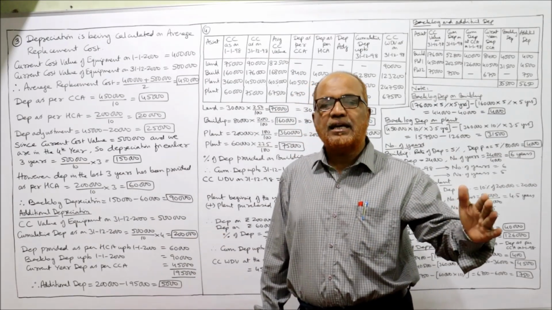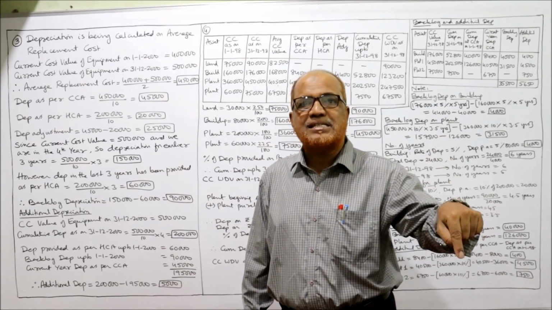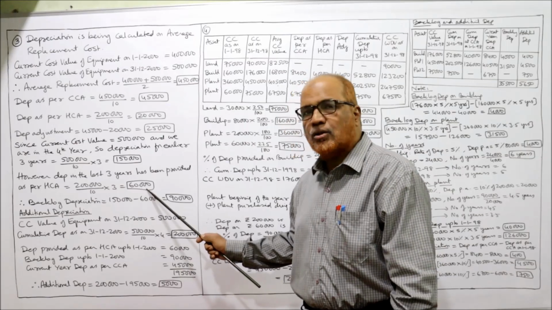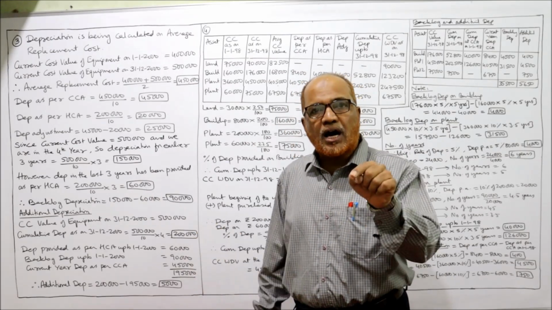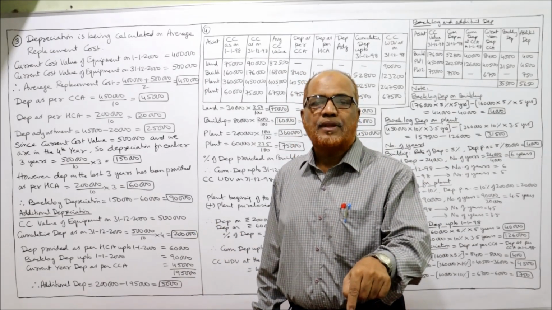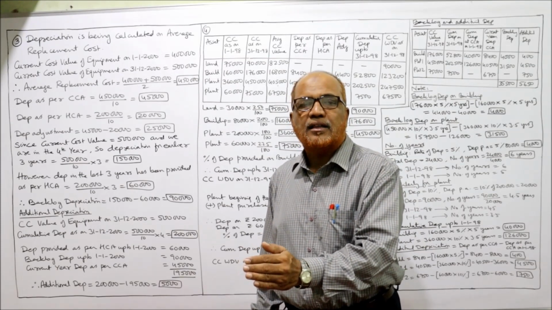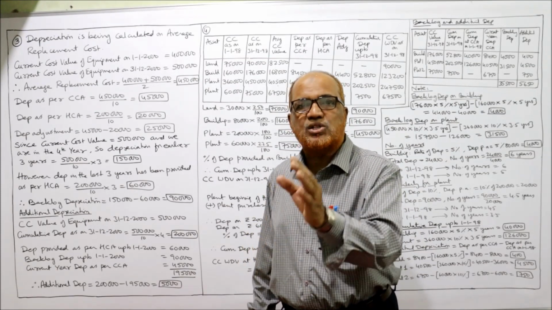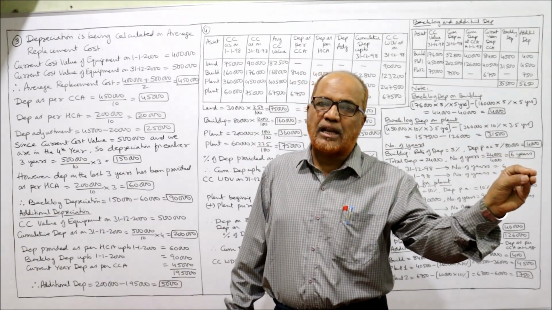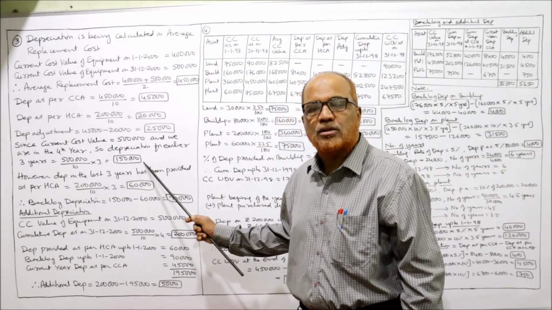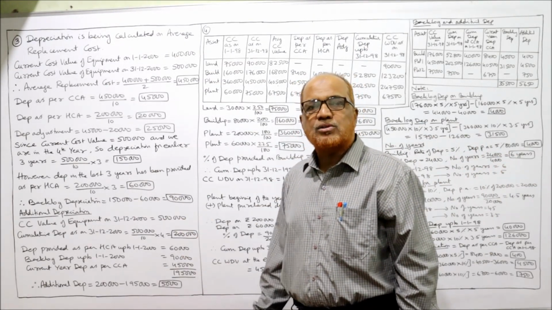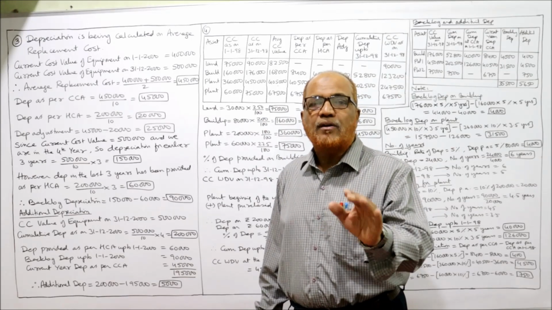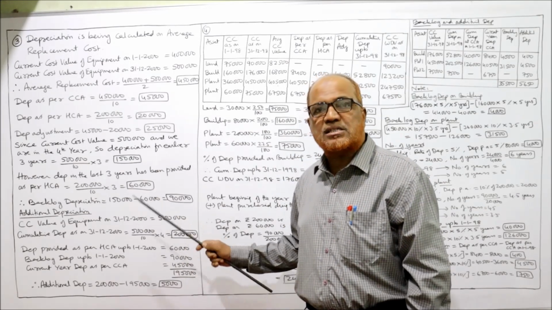Whereas according to the current cost system, the current cost at the end of the year is 5 lakh, so depreciation for the last 3 years is 1,50,000. So 1,50,000 is the current cost depreciation, whereas HCA depreciation is 60,000.